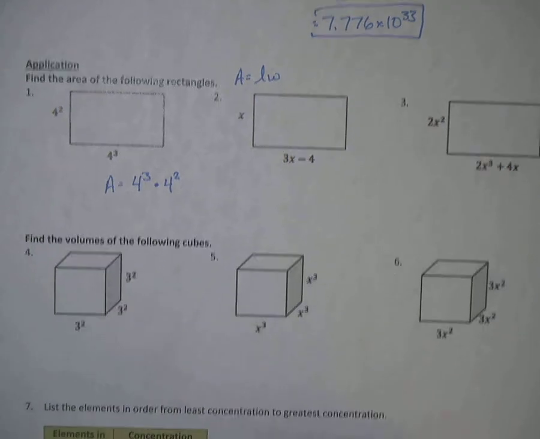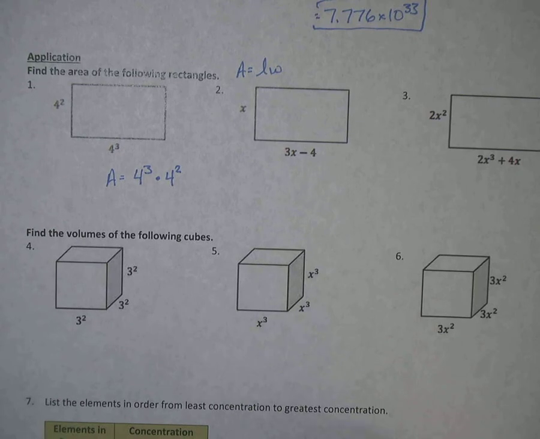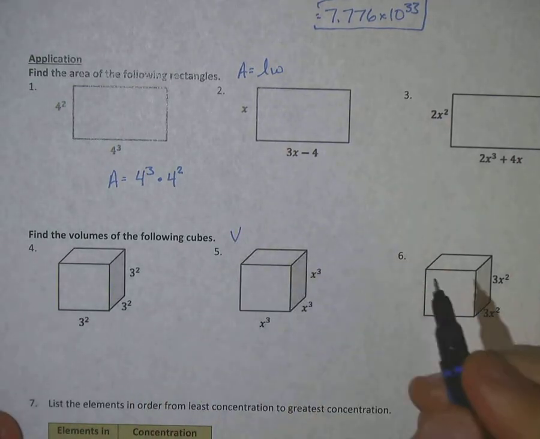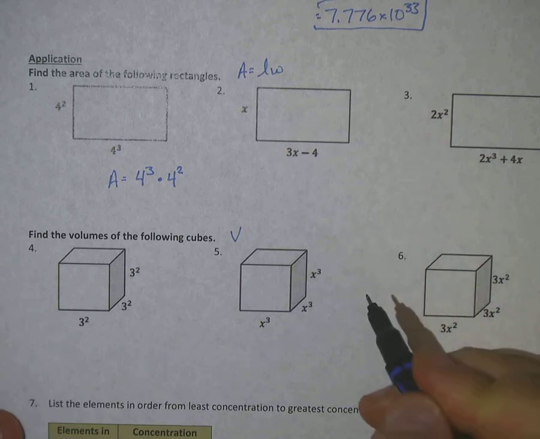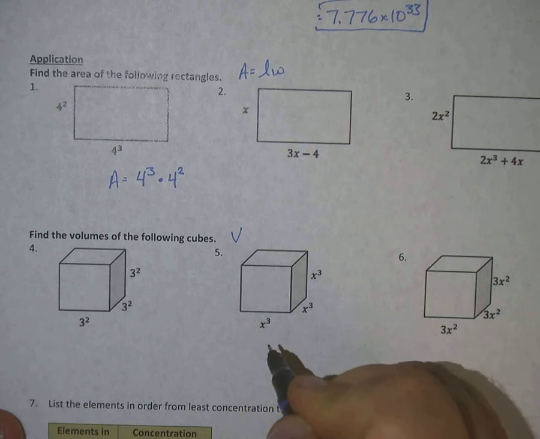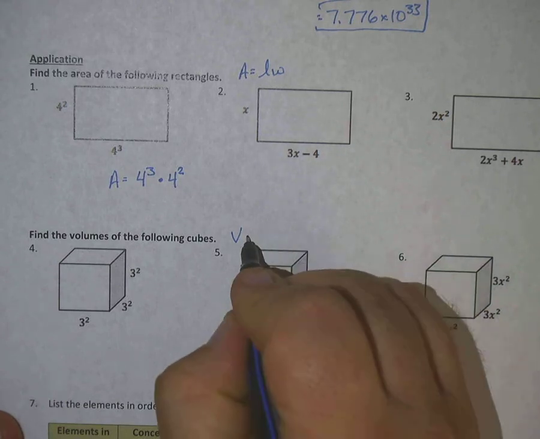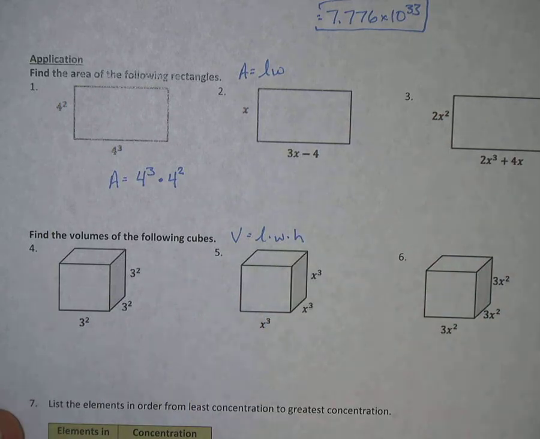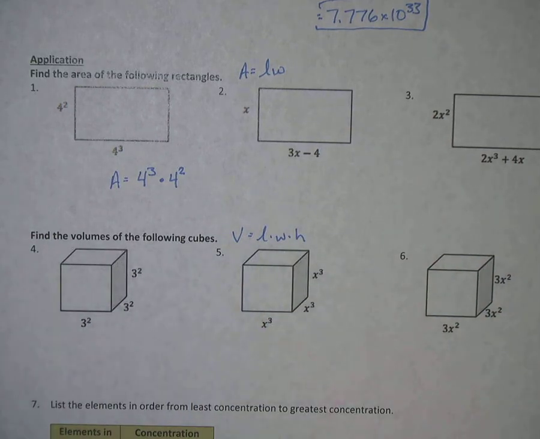Let's look at the volume problems. So for volume of a cube, it's going to be volume equals, since it's a cube, it's actually the same size, the same length on each one of them. You should notice that on the problems. But you can just say that it's length times width times height. That would work as well.